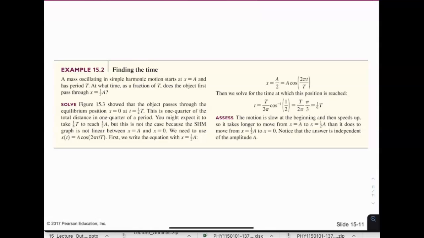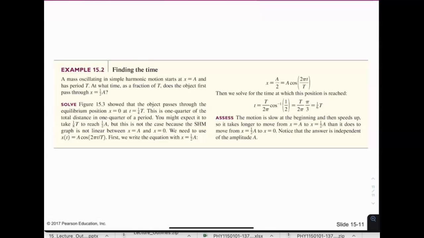Example 15.2 involves finding the time. A mass is oscillating in simple harmonic motion and starts at x equal A and has a period capital T. At what time, as a fraction of this period, does the object first pass through x equal 1/2 A?